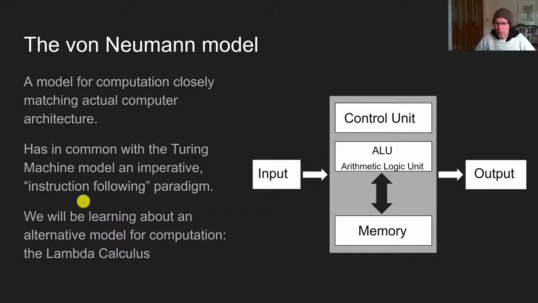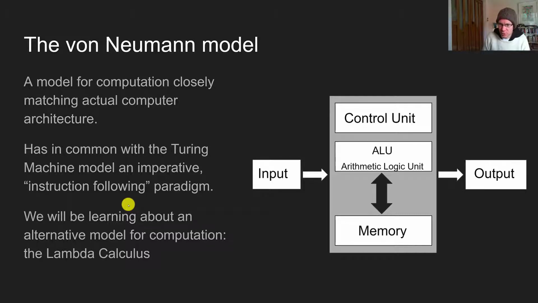And that model of computation was again an abstraction, but one very close to this imperative paradigm, where there was a tape running through the machine that carried instructions, and the machine would read instructions from the tape and do various things, and perhaps write to the tape as well.